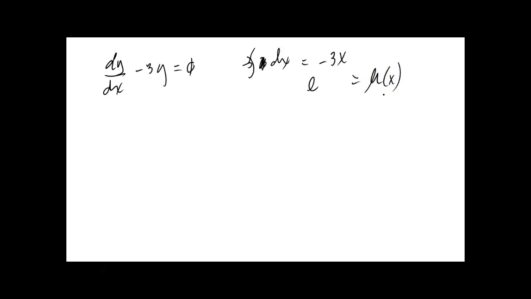What did it say to do with that? Multiply it by everything on both sides of the equation. So here we have e to the minus 3x dy/dx minus 3 e to the minus 3x y is equal to 0, because when you multiply 0 by that, it's still 0.